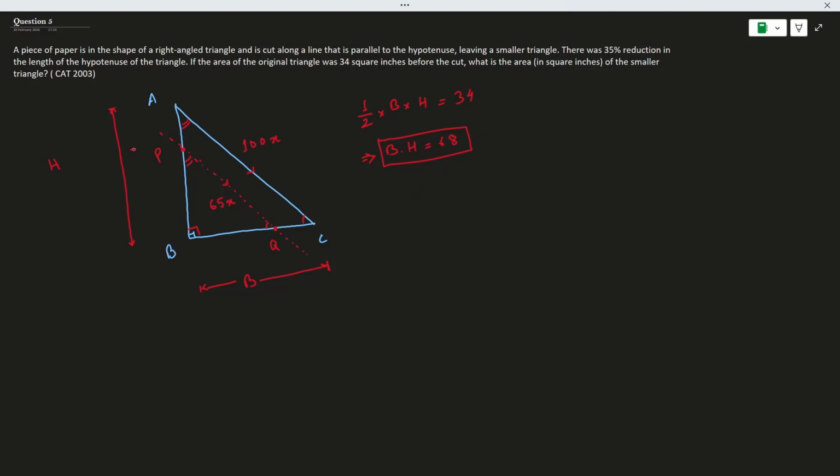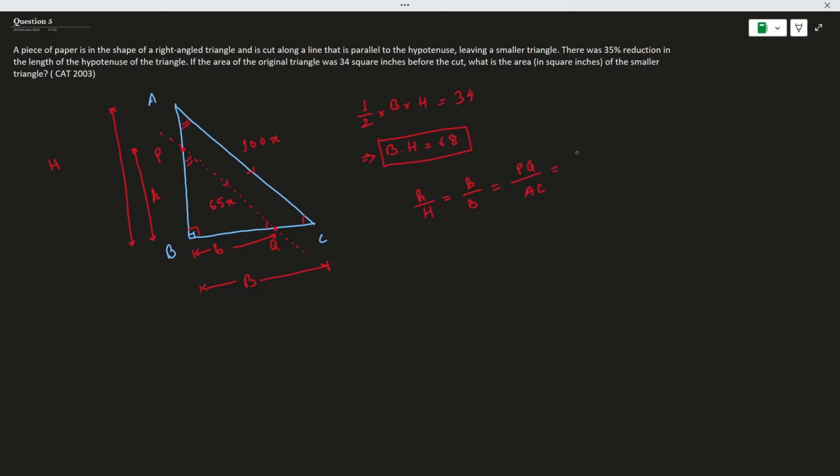So suppose this is the height of the smaller triangle, small h, and this is the base, small b. So I can say small h by capital H is equal to small b by capital B is equal to PQ by AC.